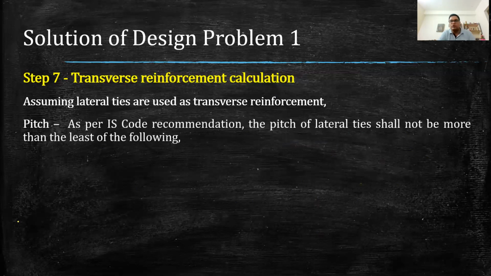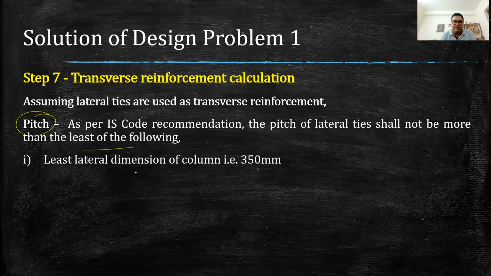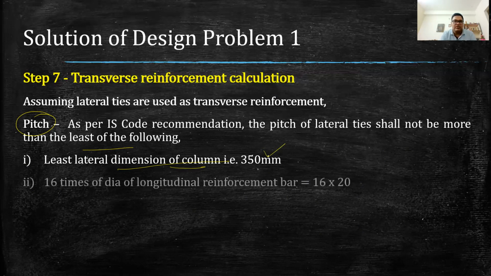Now next is to find out the pitch. As per IS code recommendations, pitch shall not be more than the least of the following. There are 3 points. First is the least lateral dimension of the column, which in our case is 350 mm. Second is 16 times the dia of longitudinal reinforcement bar.